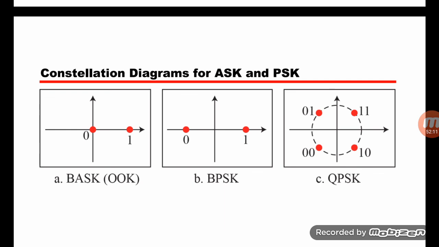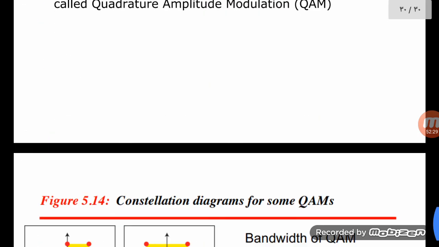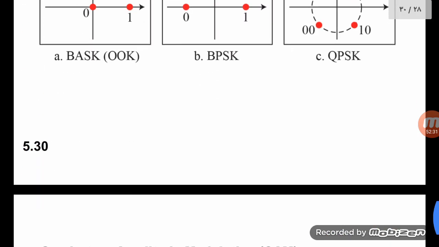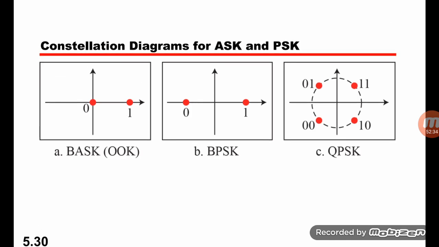The phase of this is this, and this, and this, and so on. Even if I have 8-PSK, that is 8 different phases, sending 3 bits at a time, then I should have 8 different phases. So I can have them somewhere in between. I can say this is another dot, this is another, this is another, and this is another. You keep on increasing and you can show them all on the same constellation diagram.